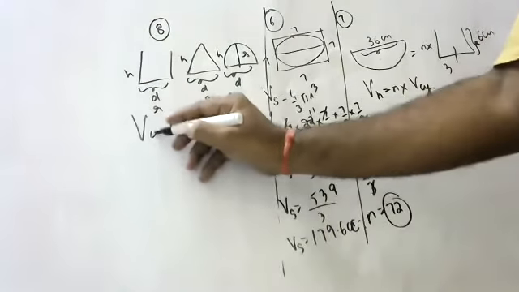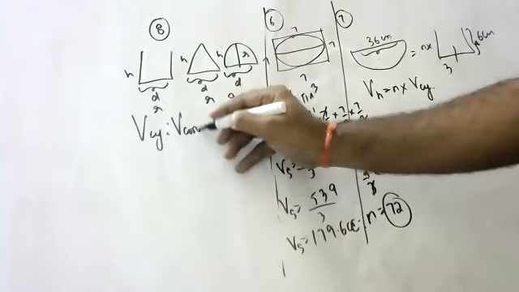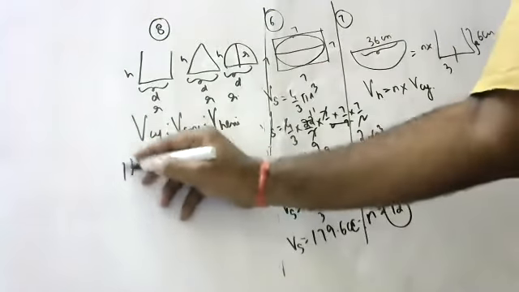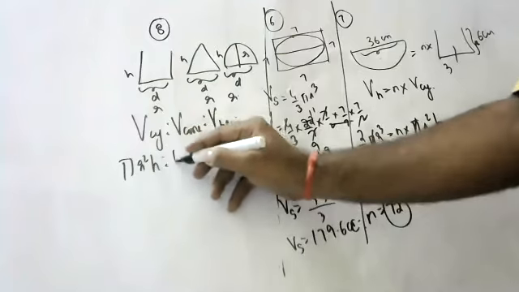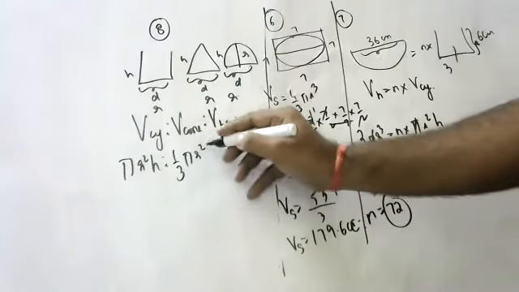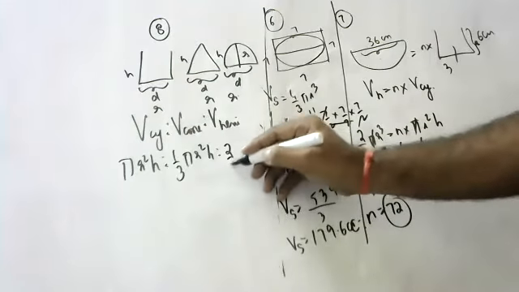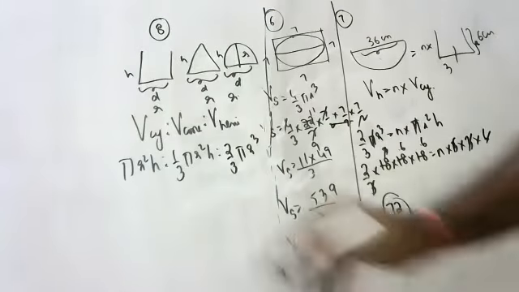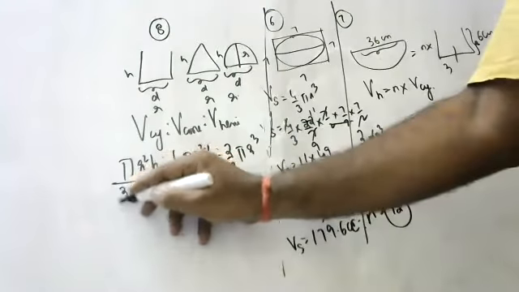What is the volume of cylinder to volume of cone to volume of hemisphere? Volume of cylinder is pi r square h. Volume of cone is 1 by 3 pi r square h. Volume of hemisphere is 2 by 3 pi r cube. To cancel the 3, I will multiply and divide with 3.